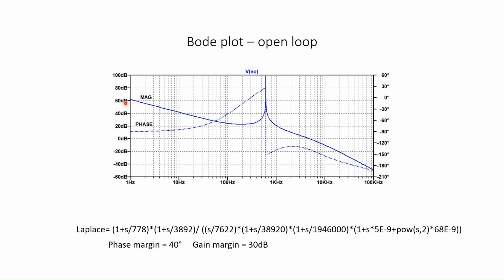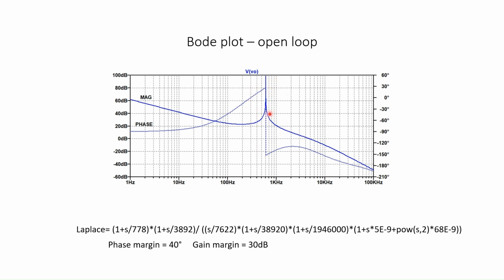Now we can see the pole at the origin here. Also we can see the 20 dB in the flat region. The next two zeros are coming in this area.